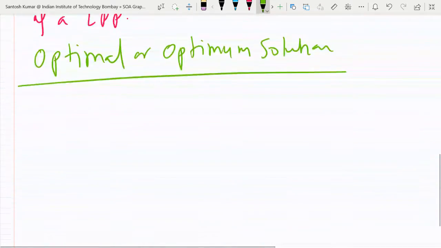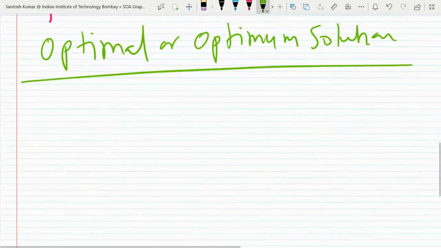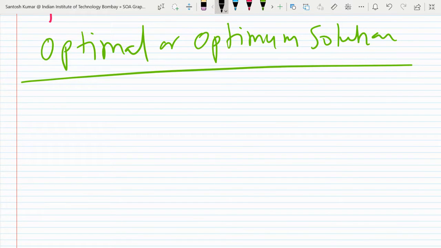So let me write this definition. What is an optimal solution? The definition is: a feasible solution. When I use the word feasible solution, it means a solution that satisfies the constraints as well as the non-negative conditions.